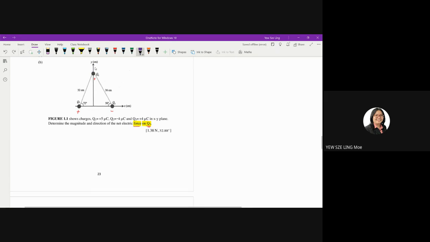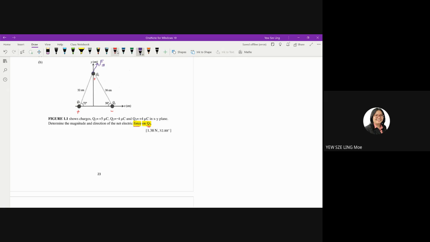So this is F13, the force acting on Q3 because of Q1, from 1 on 3.